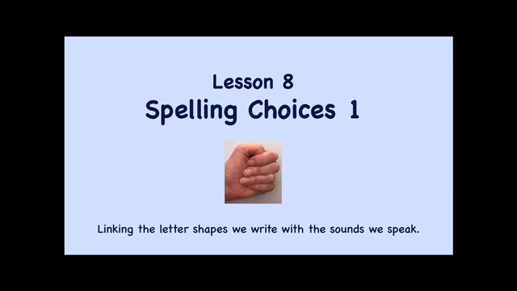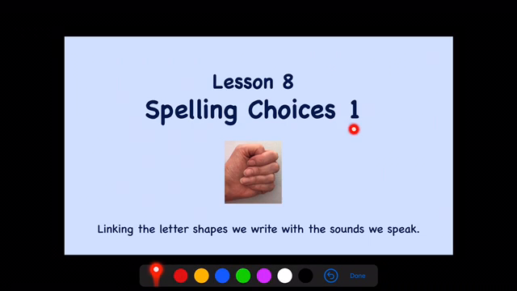Hello and welcome to a new activity, Spelling Choices 1. The 1, like when we're writing sentences and words, tells us that the words we will be writing will all have just one vowel sound, and that vowel sound will be a short vowel sound.